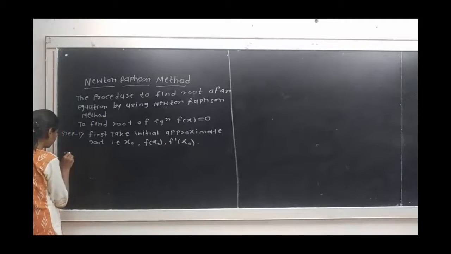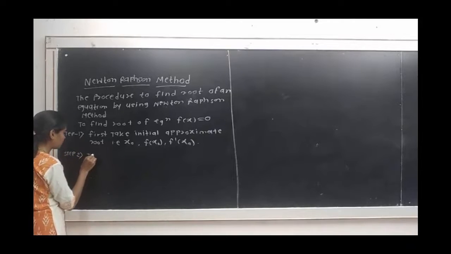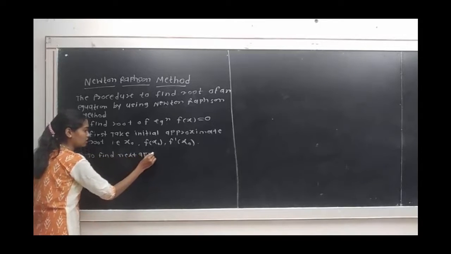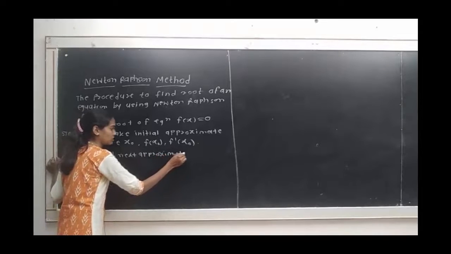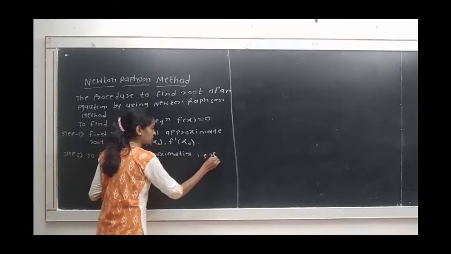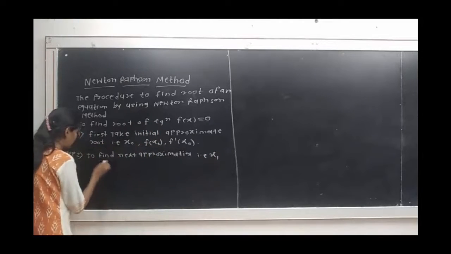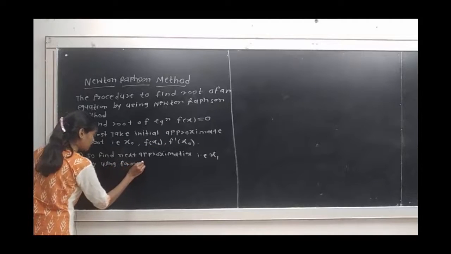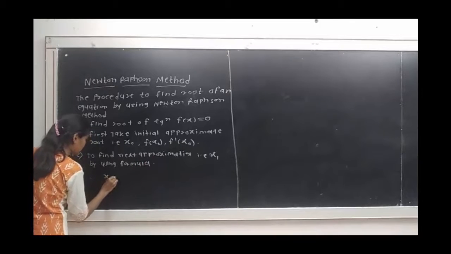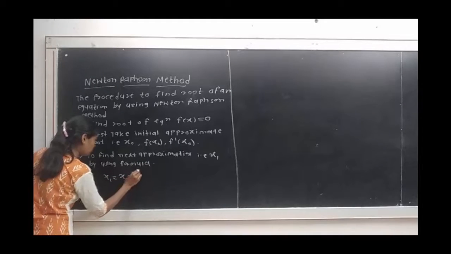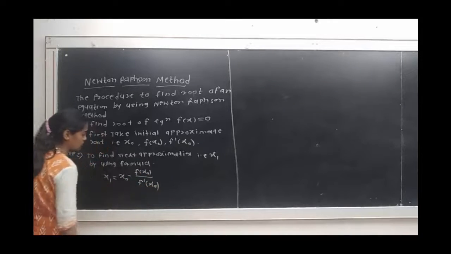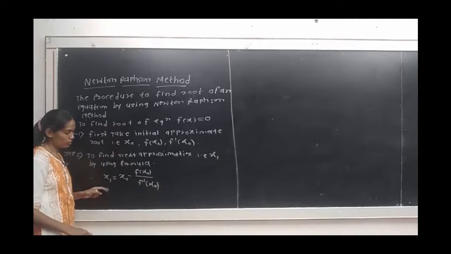Then step 2, to find the next approximation, that is x1, by using the formula x1 is equal to x0 minus f of x0 divided by f dash of x0. This is the Newton-Raphson formula.